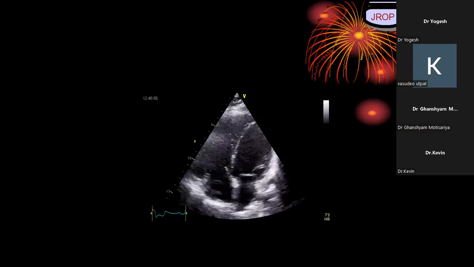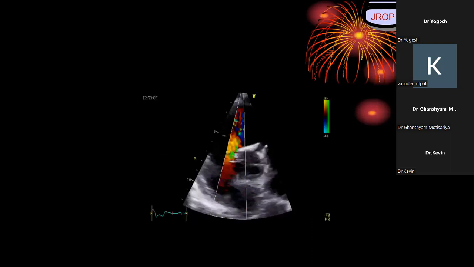Look, it's not seen in the inlet portion, it's only seen in the outlet portion. Again the same thing, you can see a patch, a hyperechoic patch. Okay, yes, sir. Thank you. All right, sir, I'll stop it over here.